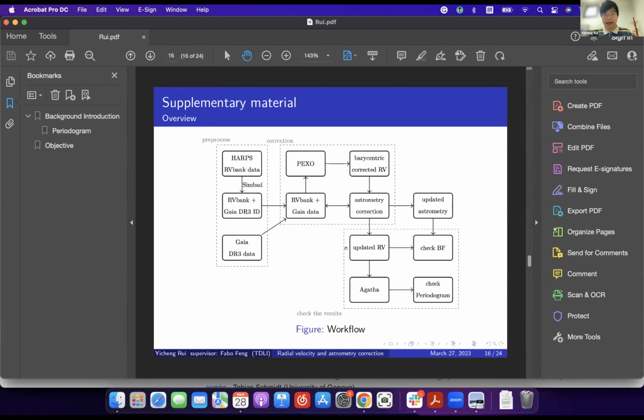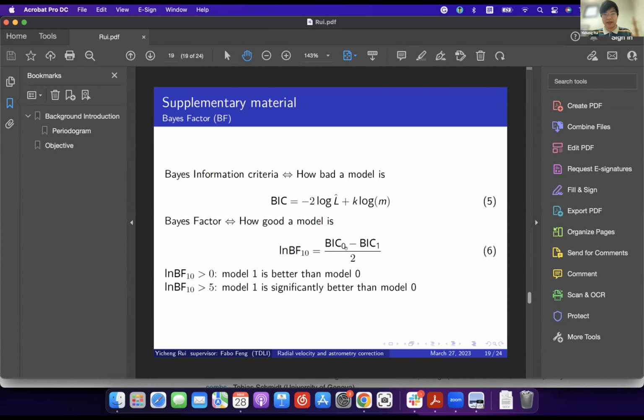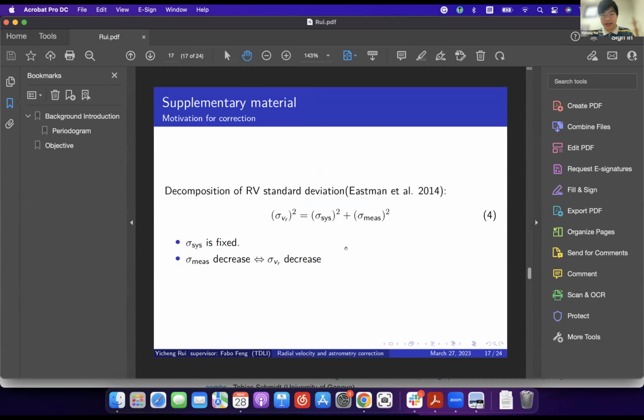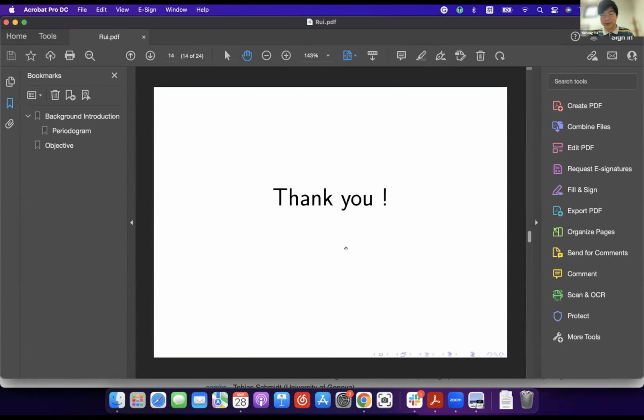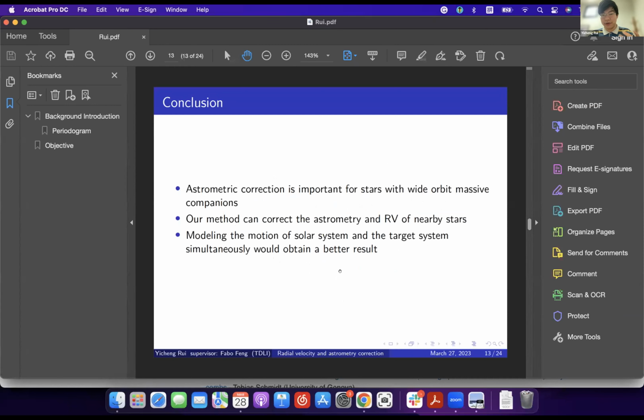This can be checked by some statistical method, for example, the Bayes factor. I think it's in the future work. We can model it and check whether there is indeed an unknown companion causing the bias of astrometry. Wonderful. Okay, let's thank Yicheng again for a wonderful talk.